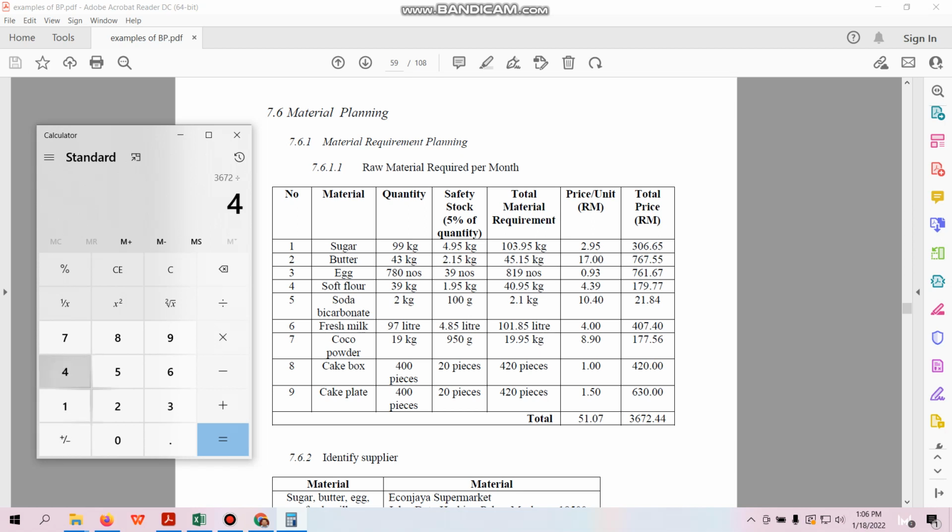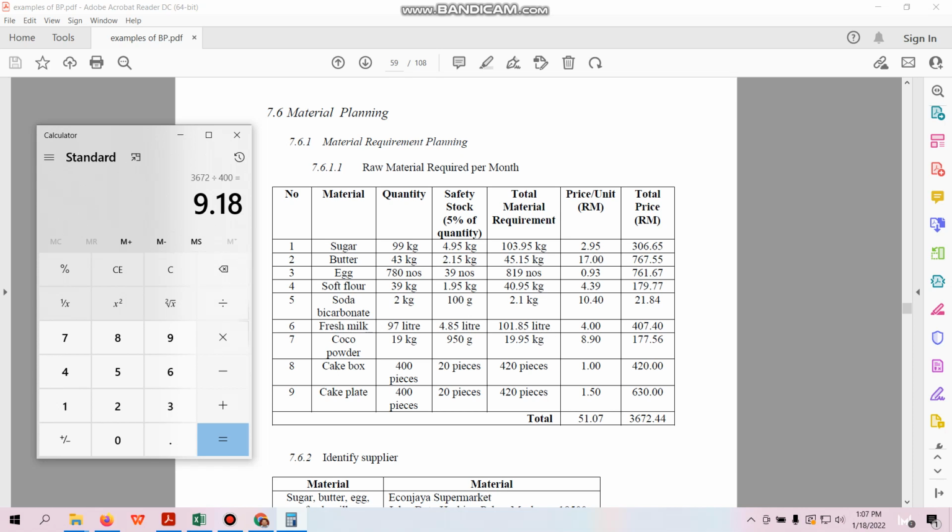Given that this is the cost for product A, each cake only costs you 9 ringgit 20 cents. But in the previous example, it shows it costs you 25 ringgit. It does not make sense for each cake to cost 25 ringgit when the actual calculation shows that it only costs 9 ringgit 20 cents.